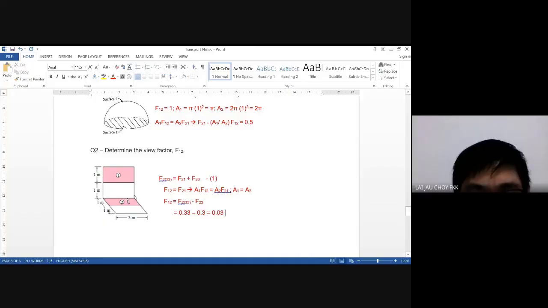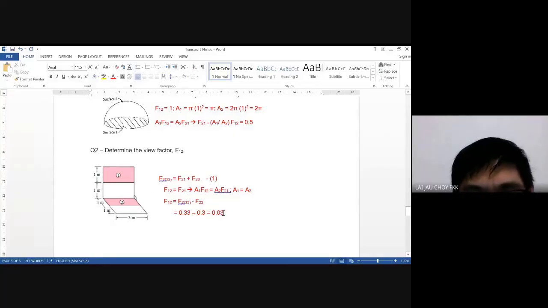So it's not F13, it's F23. F23 in this case is 0.3. Surfaces 2 and 3 are adjacent to one another. But the amount of radiation that falls on surface 1 is very little.